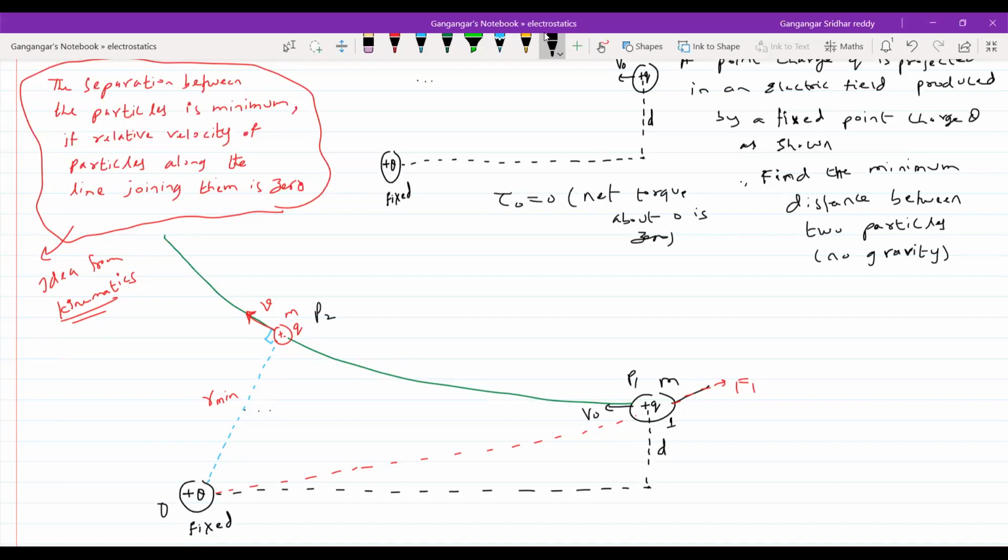Based on that, applying conservation of angular momentum, L_O initial is equal to L_O final: initial angular momentum m v naught into d, final angular momentum m v into R minimum. Two equations, two unknowns, V and R minimum. So how to eliminate V? I'll apply conservation of mechanical energy.